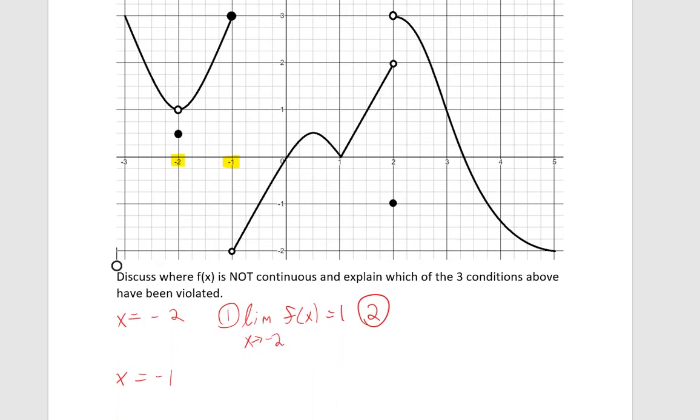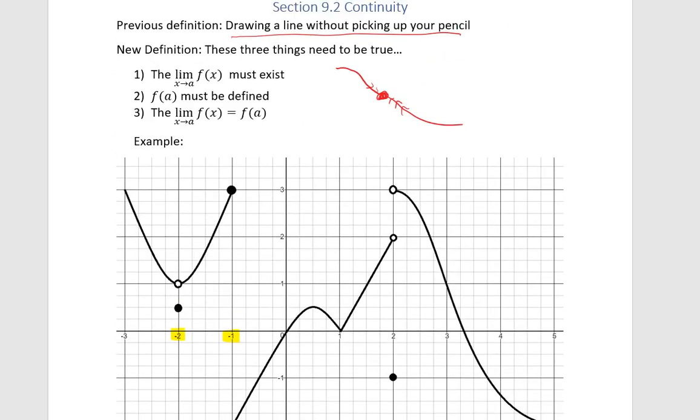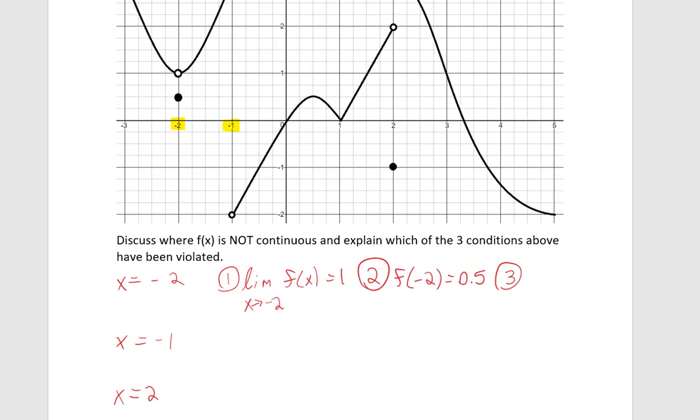We do have a solid dot at -2, so if I plug -2 into my function, I'm going to get 1/2 or 0.5 out. The third thing I need is for the limit to be equal to my function definition. The limit equals 1, the function equals 0.5. Since 1 does not equal 0.5, this is the spot where we see failure.